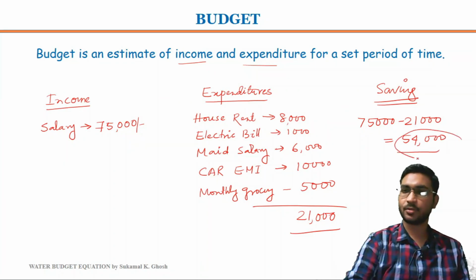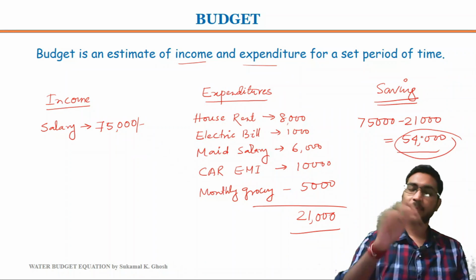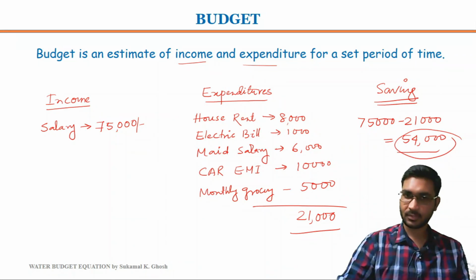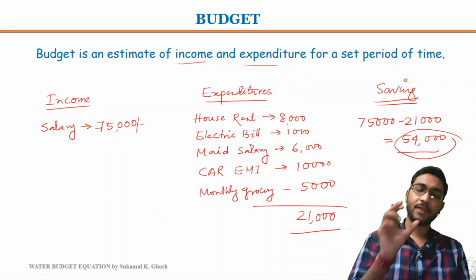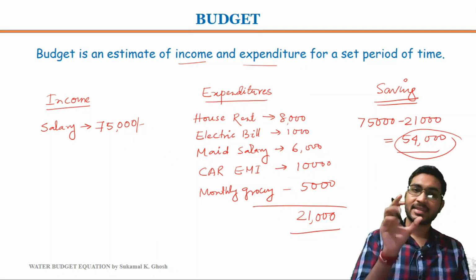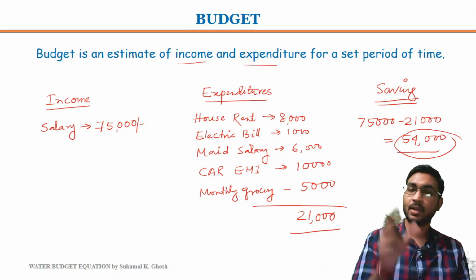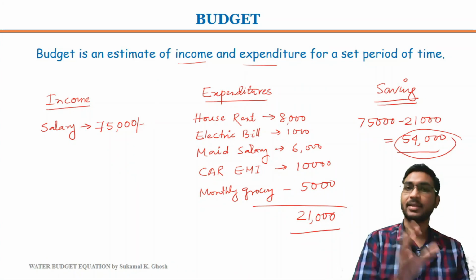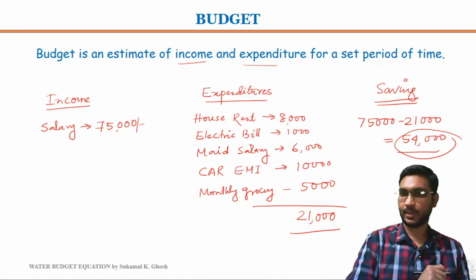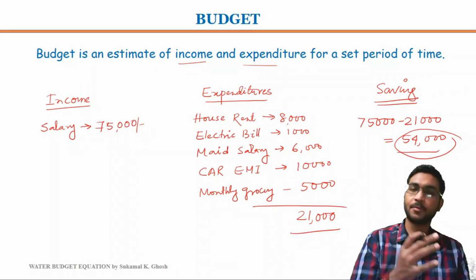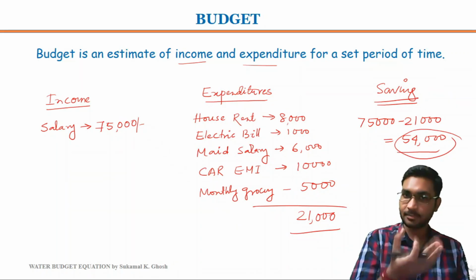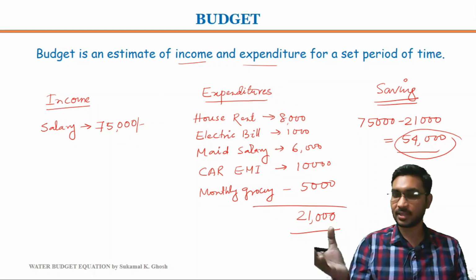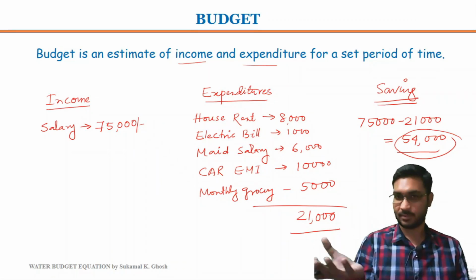So this is your saving for a particular month. We will apply this same concept to water also, and thus we will get the water budget equation. The concept of budget is income minus expenditure equals saving.